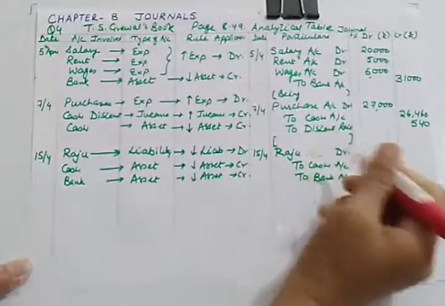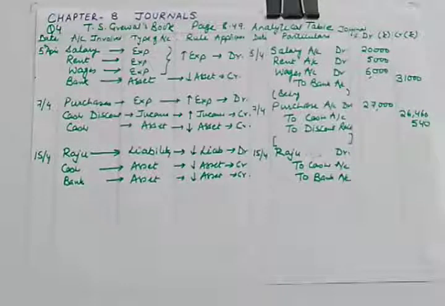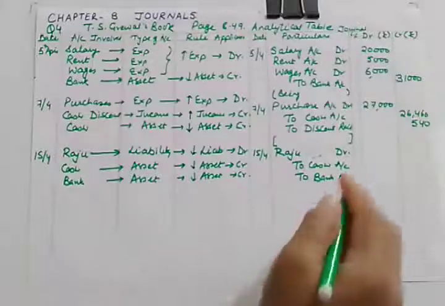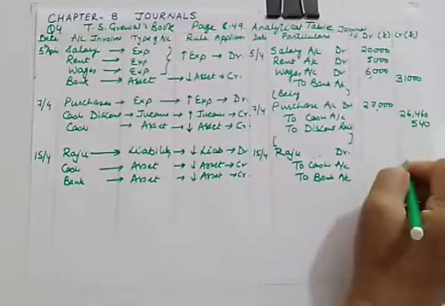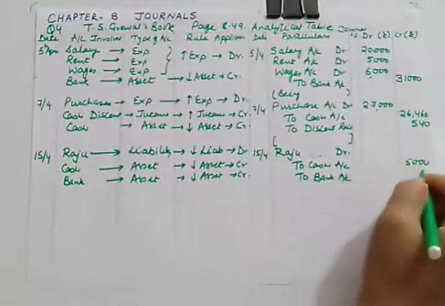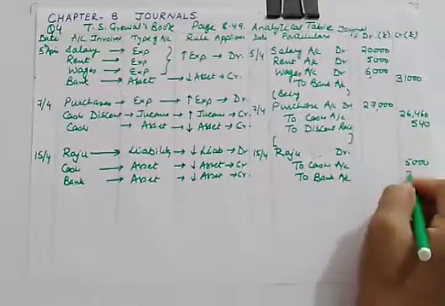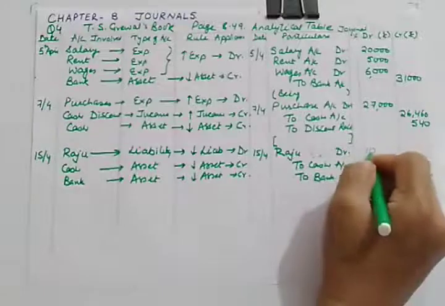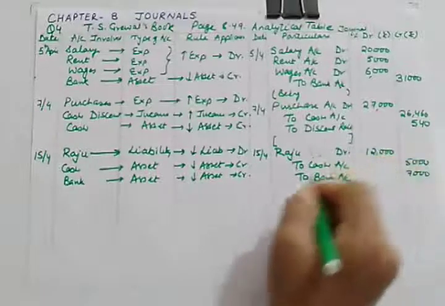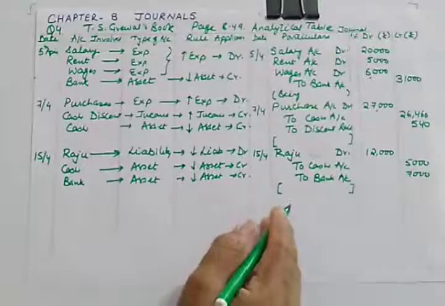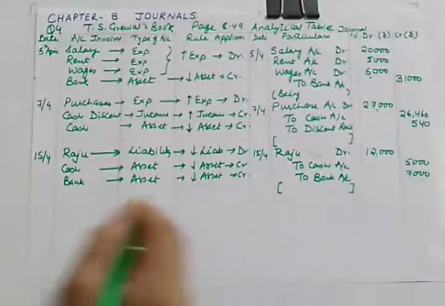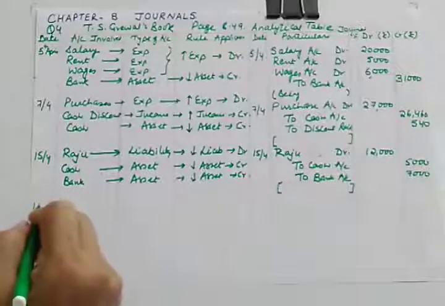Simply you can write Raju debit. So Raju debit to cash to bank. How much cash we are paying? 5,000 cash, 5,000 in the credit amount column, then 7,000 bank, and the total is 12,000. And you can very well mention the narration being payment is done to Raju through cash as well as through check. Now move to the next one.